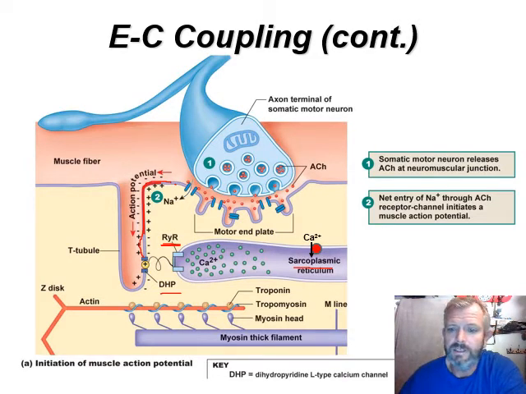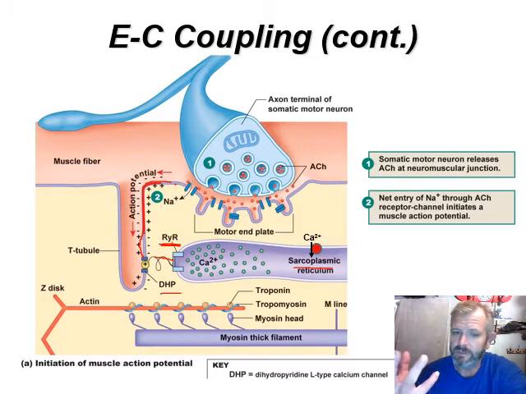So what is happening is that action potential is going to cause a change in the DHP receptor that is coupled to the ryanodine, and that's going to cause a change to open up the calcium channels on the sarcoplasmic reticulum. Remember, we have these large stores of calcium.